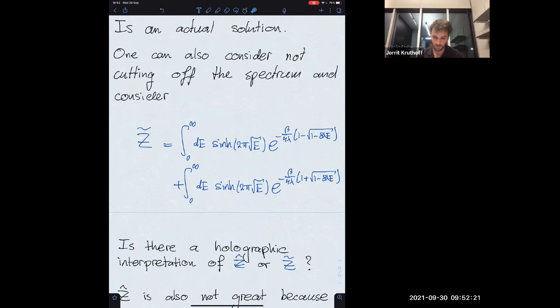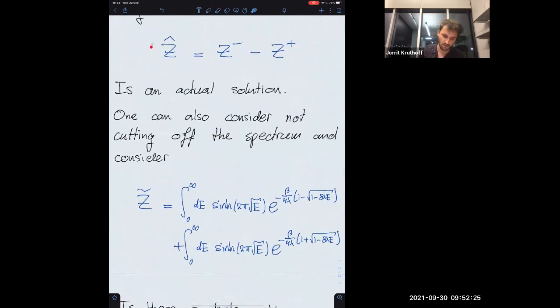One thing that is particularly confusing about this Z hat here is that because of this minus sign, the density of states will be negative. So this deformed Schwarzschild theory, when you consider this difference, is actually complex, or has a negative density of states. That's of course not quite what you would want.